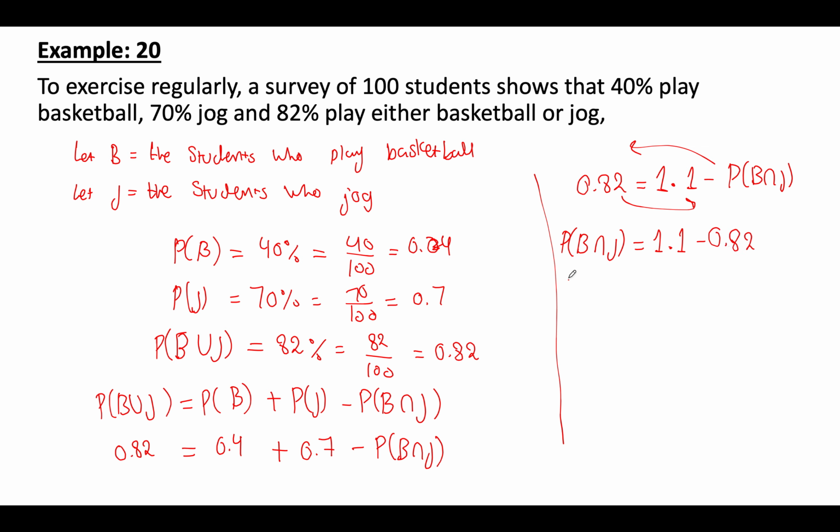And here we got that the intersect between basketball and jog is equal to 0.28.